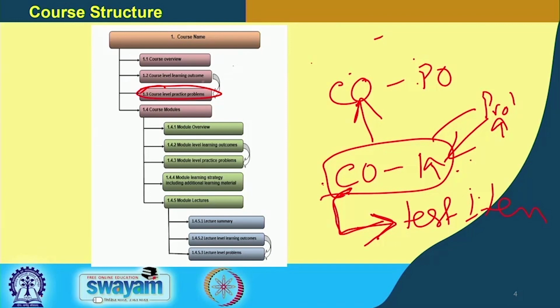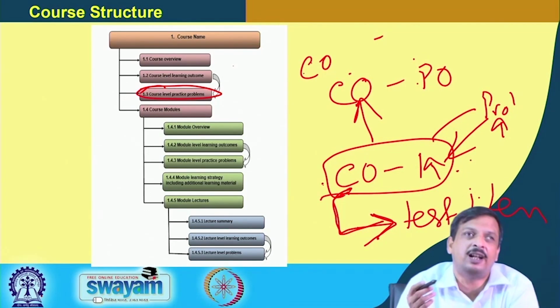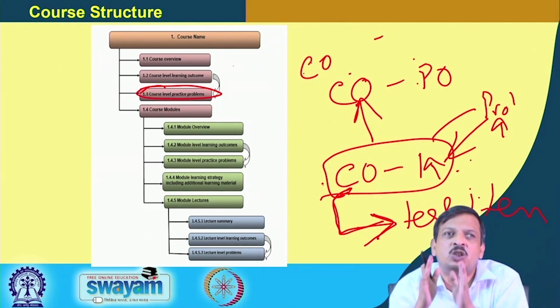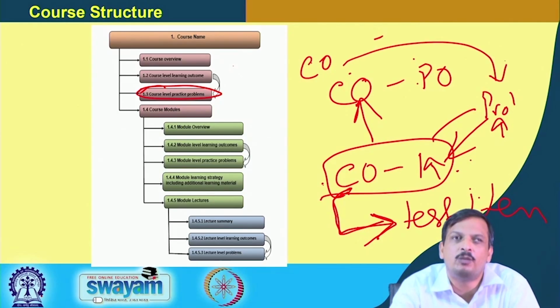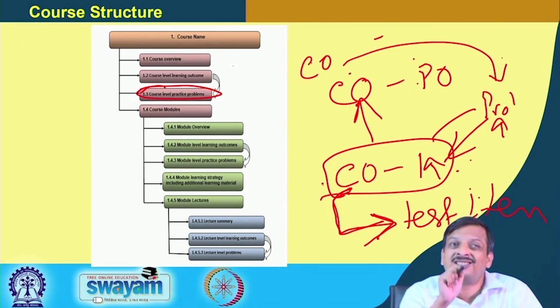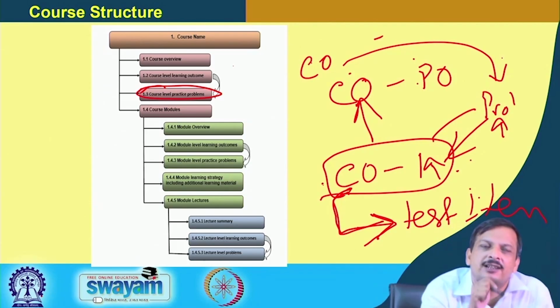So, when you design a curriculum, there should not be any CO whose problems are not given. There should not be any problem without targeting a CO. When you design the curriculum, you have to give a practice problem for each CO, or on the other hand, I can say the attainment of the CO can be measured by this kind of problem. So assessment is defined here.